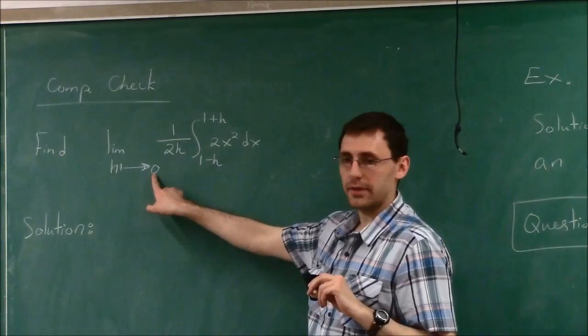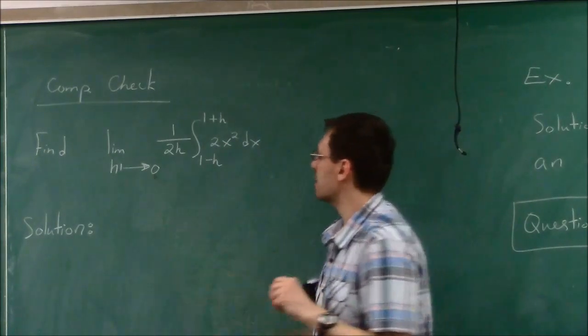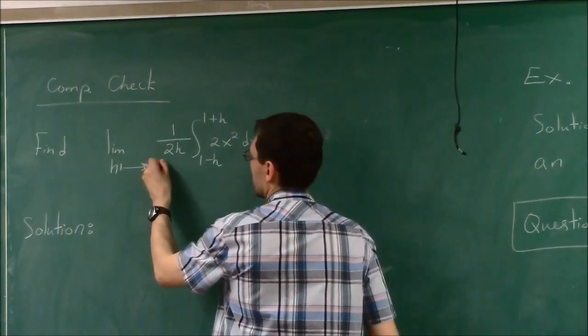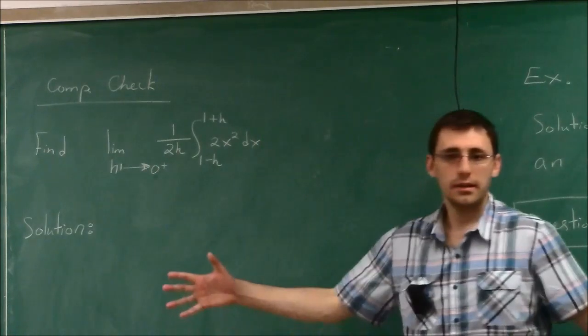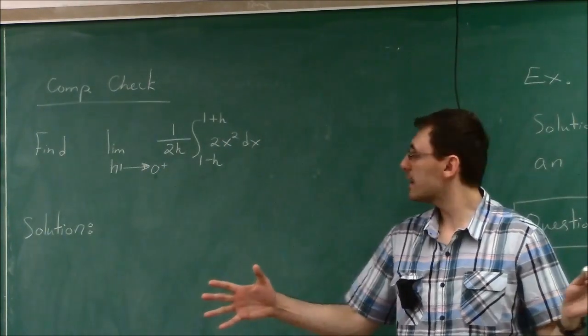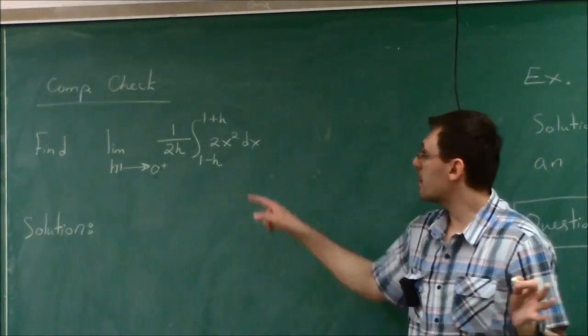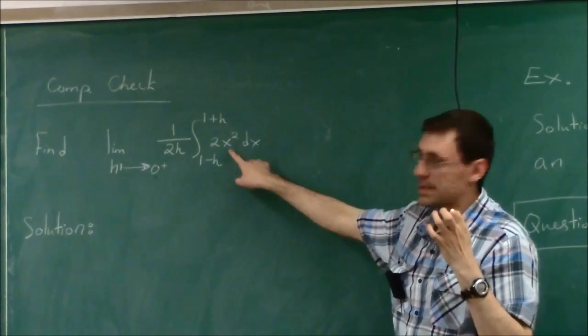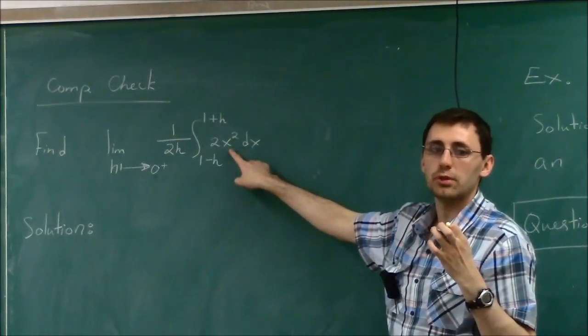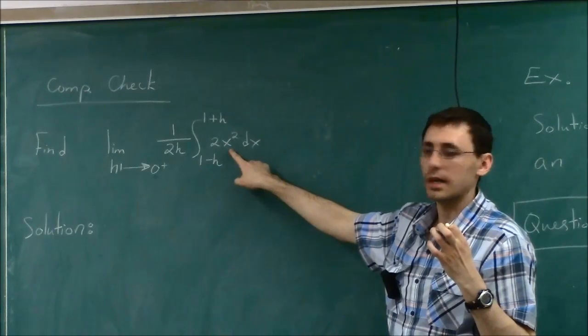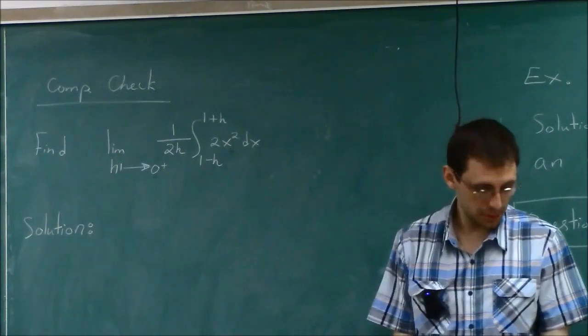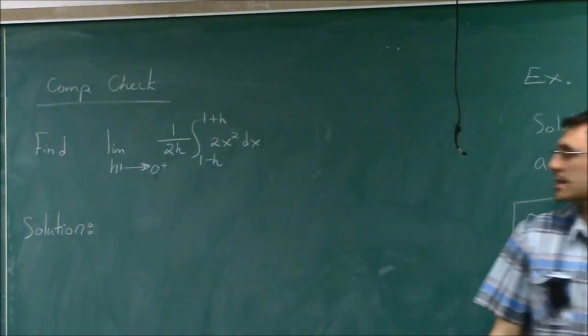Think of the limit of h going to 0 as h being, let's actually make h go to 0 from the right. So h is very small, okay? So what I have is a landscape. The landscape is y equals 2x squared, right? If h is very small, where am I standing on this landscape?